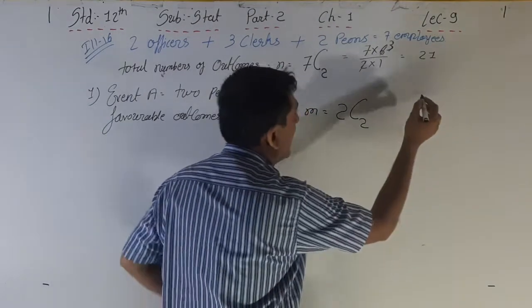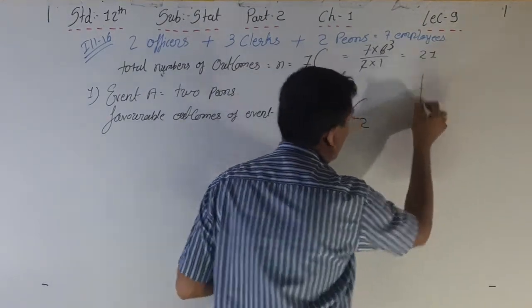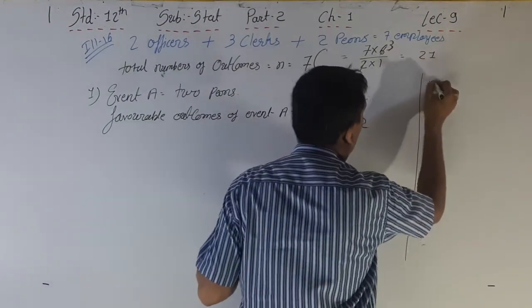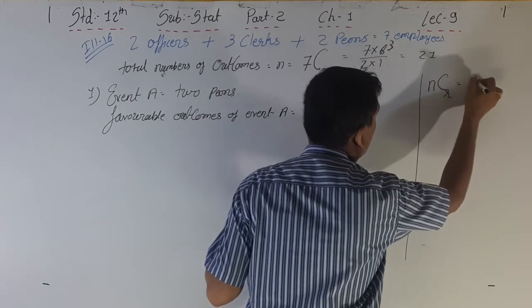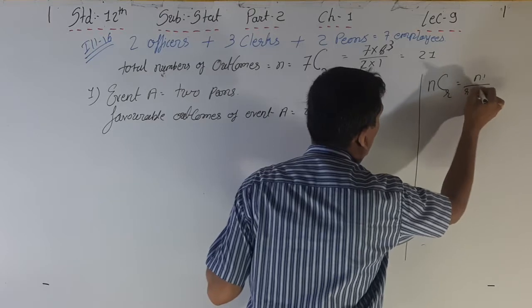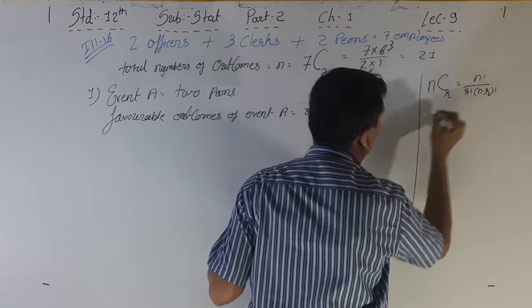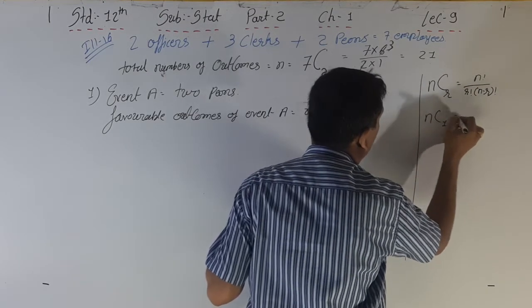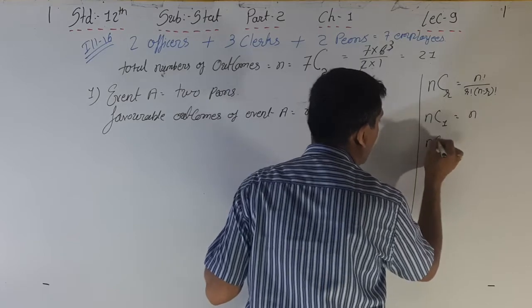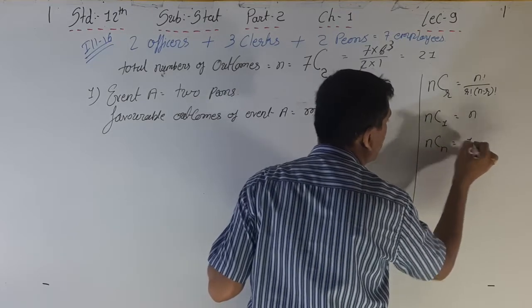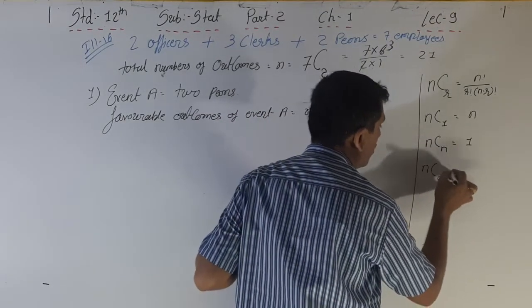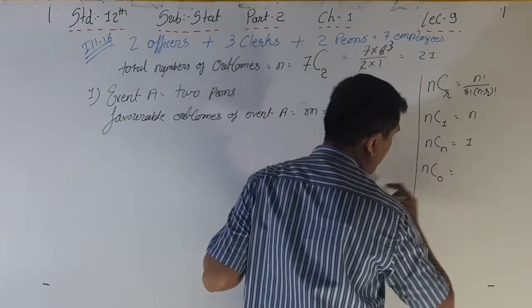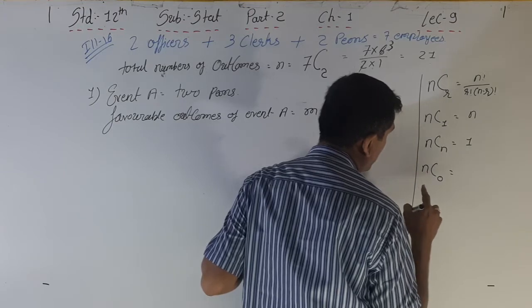See, nCn is equal to 1. Again please write down all these points. nCr, the formula is n factorial upon r factorial into n minus r factorial. nC1 is equal to n, nCn is equal to 1 always. nC0 is again 1.